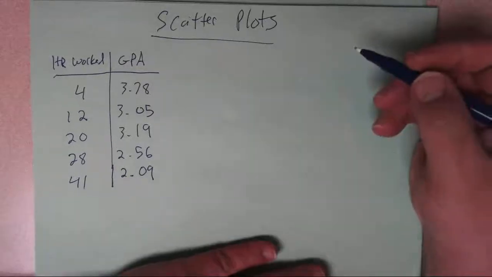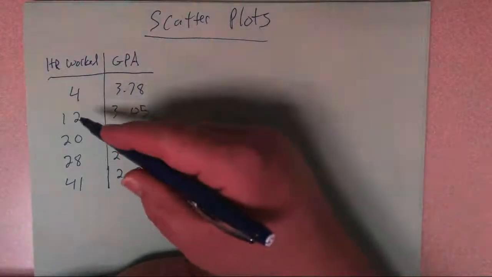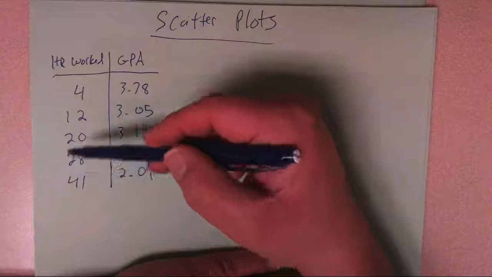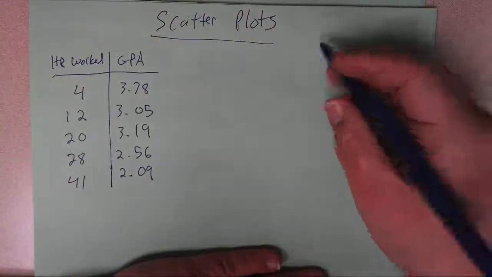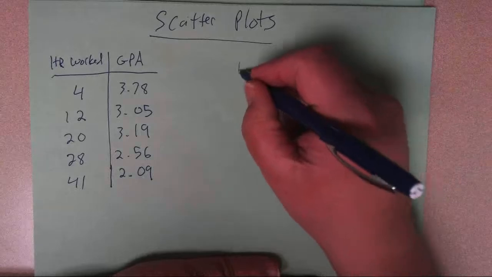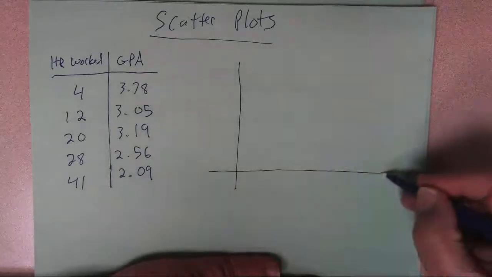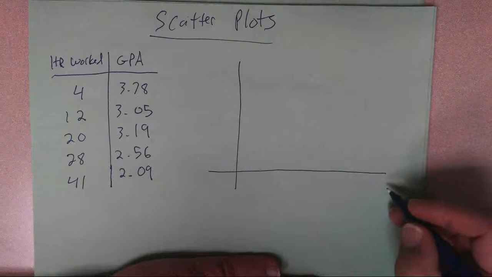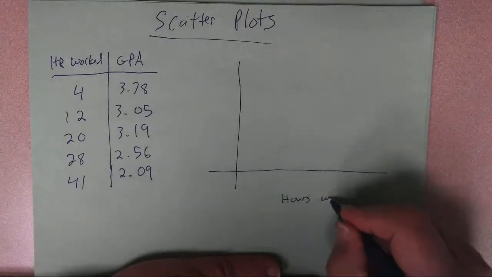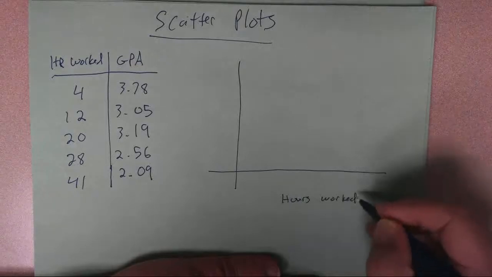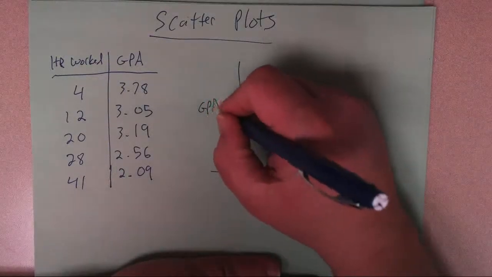And what a scatter plot does is it treats these like ordered pairs. These are the x coordinates, these are the y coordinates, and then it just plots the points on an XY axis, except instead of XY, this axis is hours worked, and this axis is GPA.